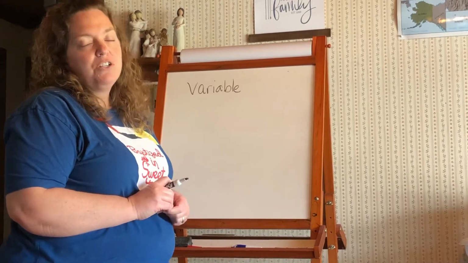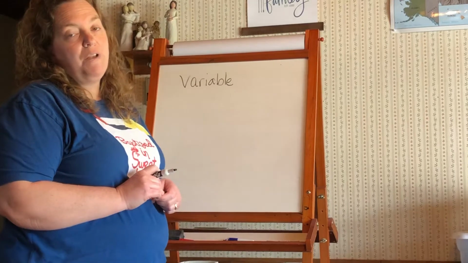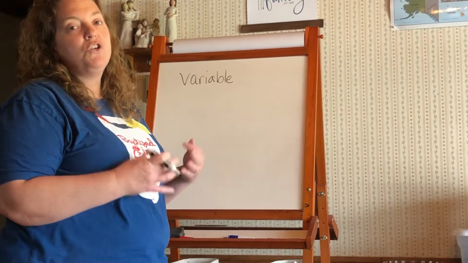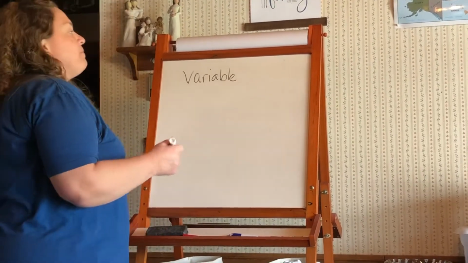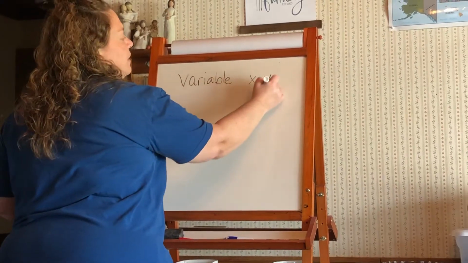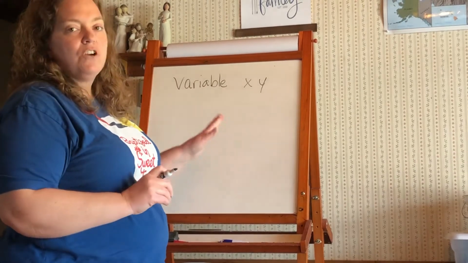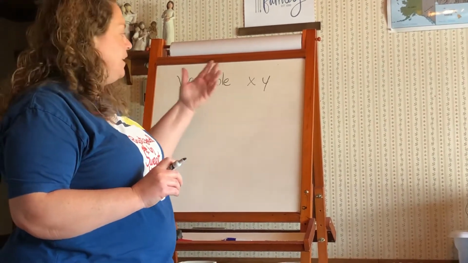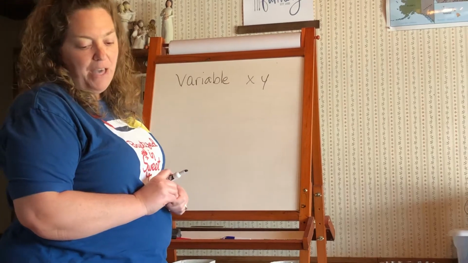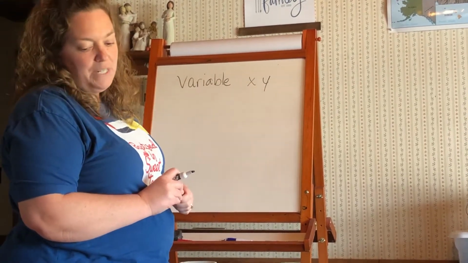We're going to start talking in this chapter about more than one variable when we have an equation with two variables. And again, you can use any letters, but the most common ones are X and Y. Okay, so these are called variables. They stand for other values and they can change based on the relationship with one another.